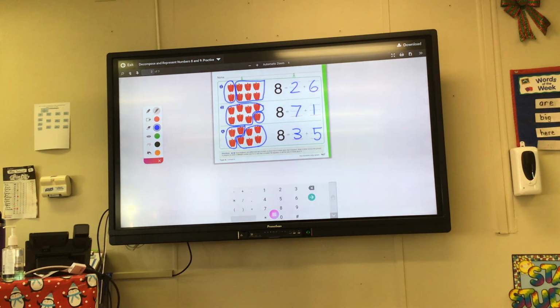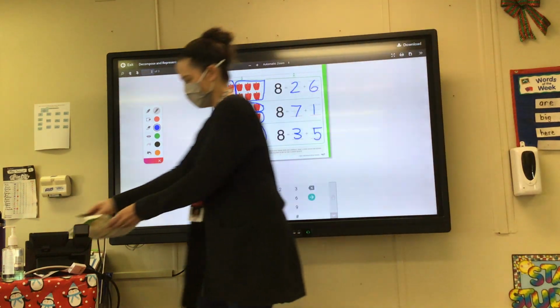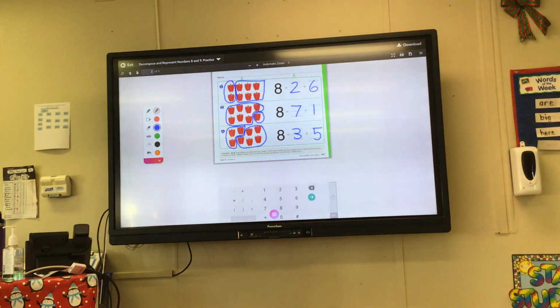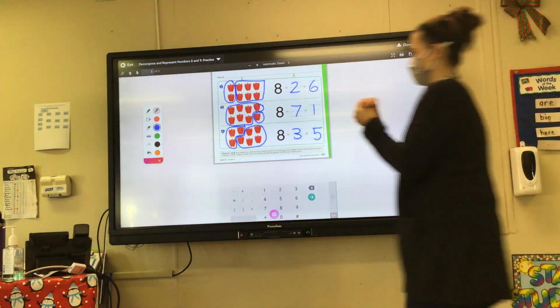Okay, so here, you have 3 circled here, right? Like this. And then make sure this one's in this group. Okay, now write your equation. Good. Now what about this number here? You forgot one number up there.